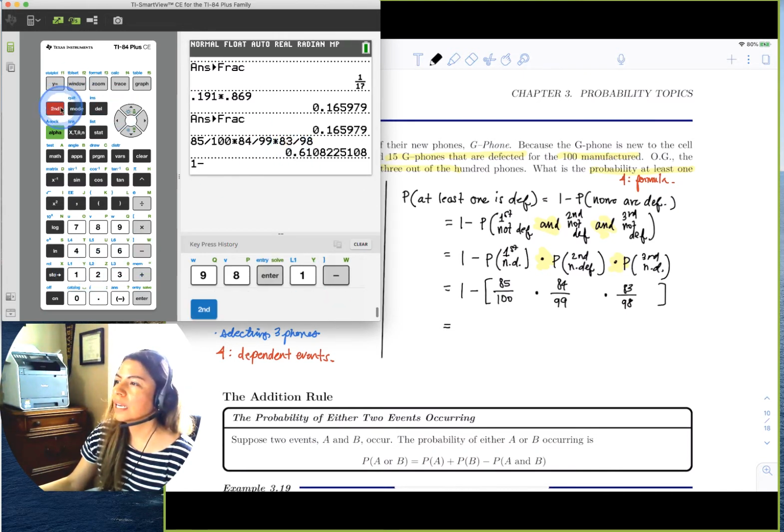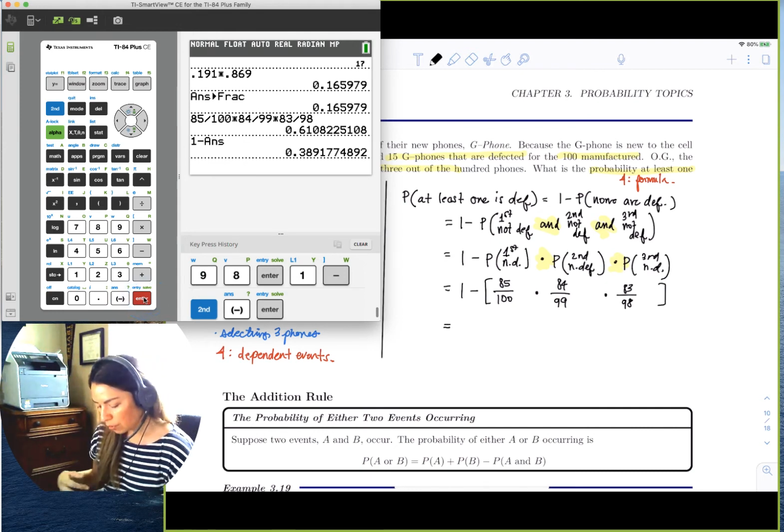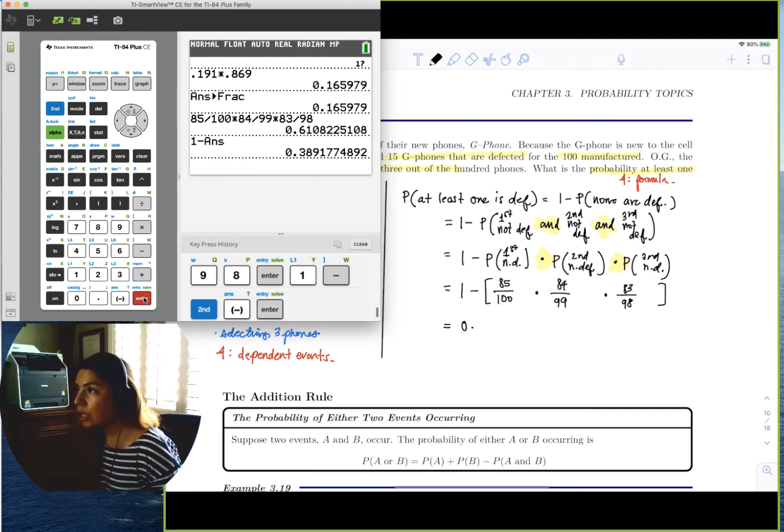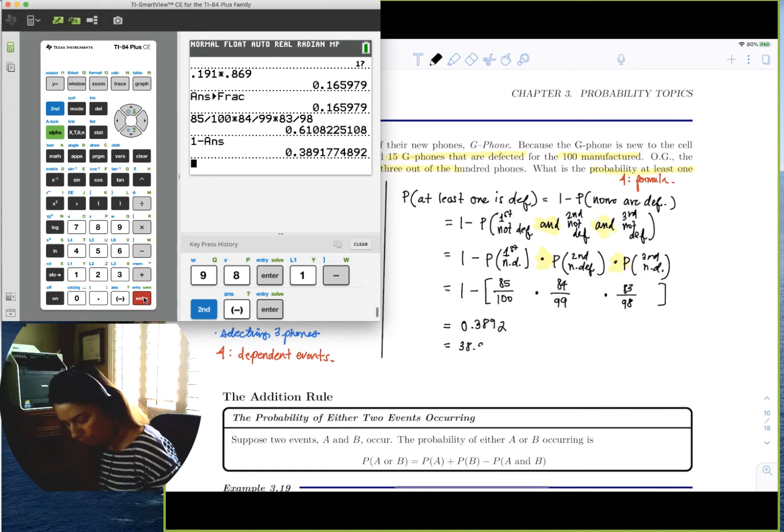So 1 minus this answer gives us 0.3892, which is 38.92%.